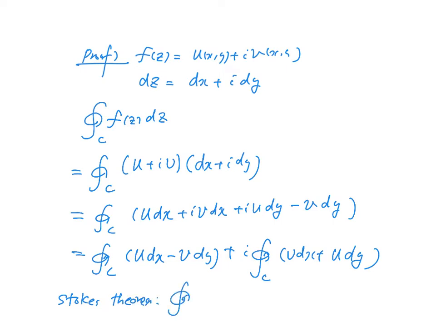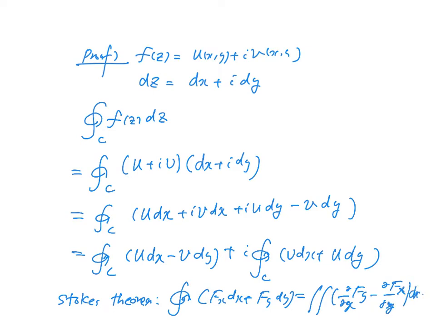Let me see. The closed integral of Fx dx plus Fy dy is the double integral of the partial x of Fy minus the partial y of Fx, dx dy.